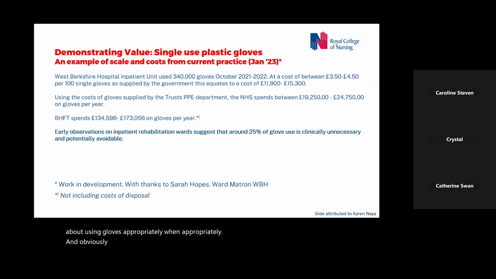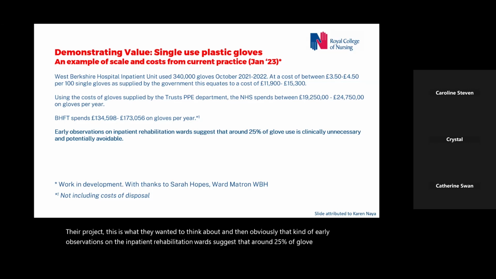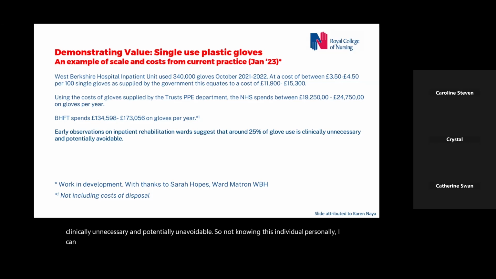In this example, this was their project. This is what they wanted to think about. Early observations on the inpatient rehabilitation wards suggest that around 25% of glove use is clinically unnecessary and potentially avoidable. Not knowing this individual personally, I can imagine that they got the costs, they understood the costs.